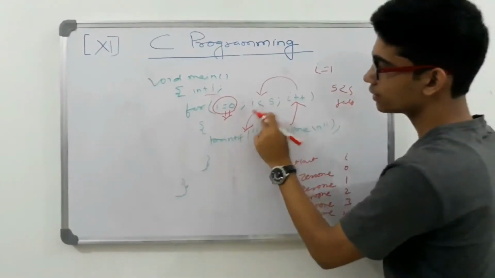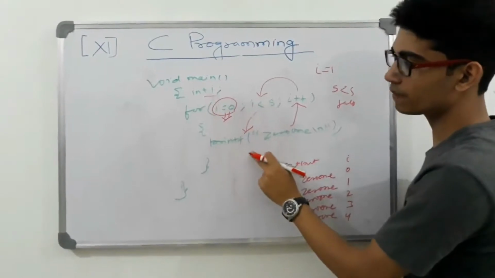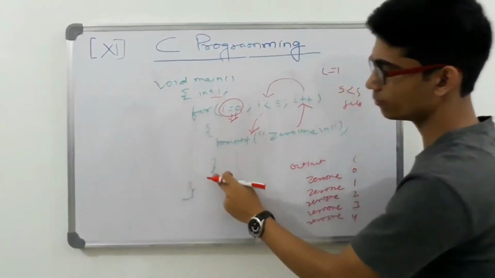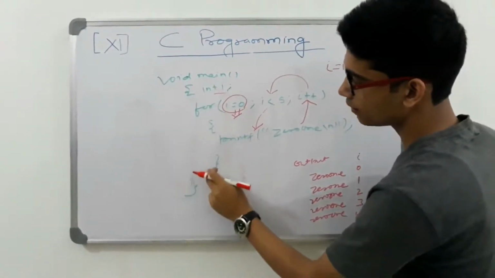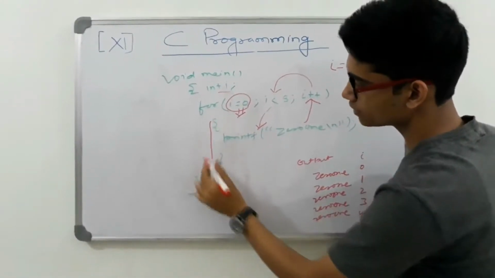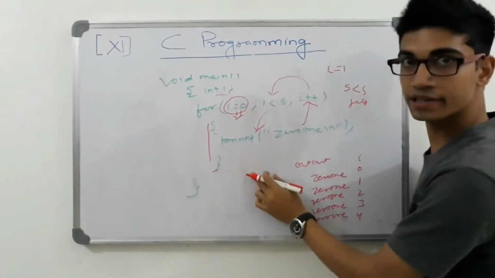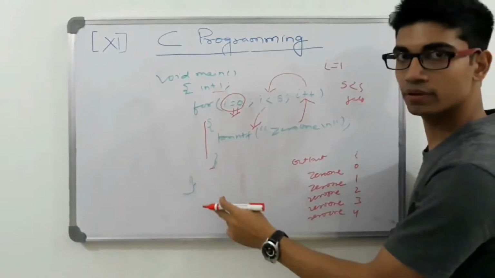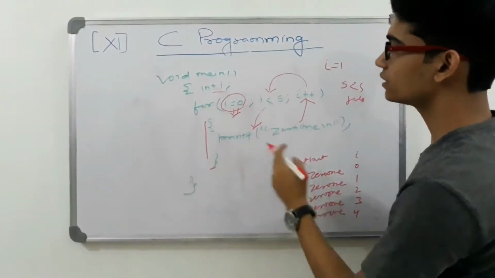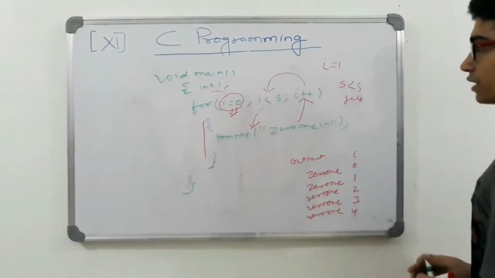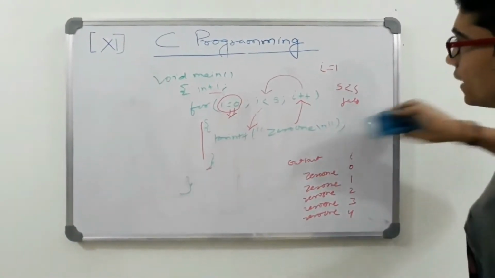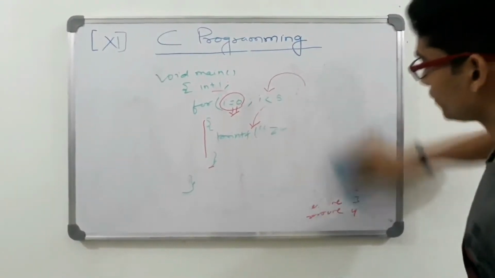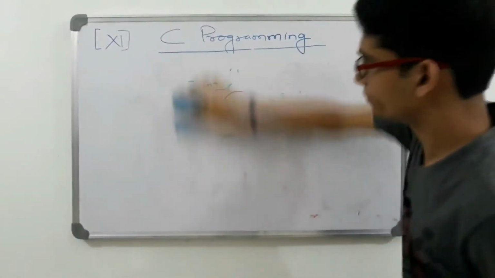So when this condition becomes false, the statements will not be executed and we will go out of this loop. If there are statements after this scope, those will be executed. In our example, there are no statements, so we'll come out of the program. Okay, so this was the structure and example. Now let us see some more examples to have a clear idea on for loop.